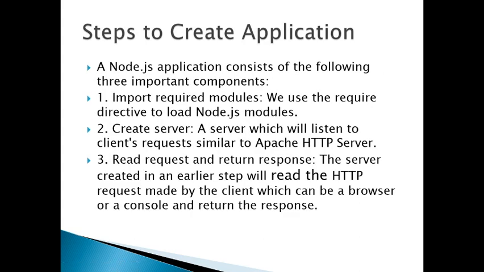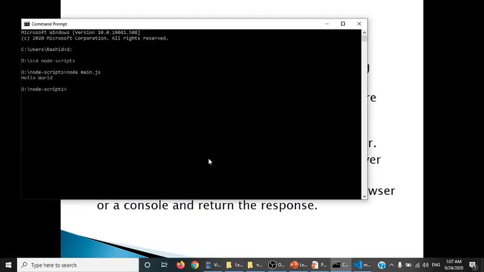You can run other commands also, like node minus v. It will display your current node version. It is v12.18.3, which is installed on this system. So you can install and check the installation of your Node application.